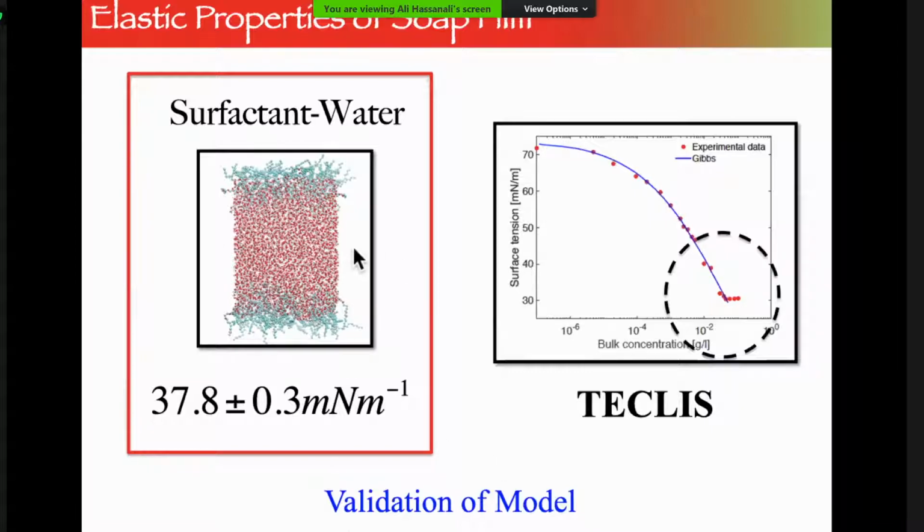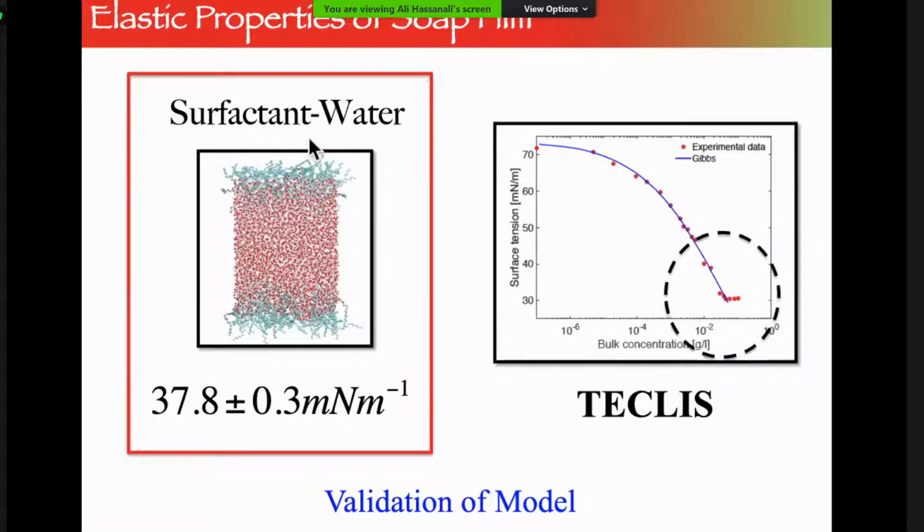The first thing we did to benchmark the elastic properties of the soap film was to compute the surface tension. You take your water, you put in your surfactant, and the surfactant aggregates at the interfaces. Obviously, this will change the surface tension, so the interactions between the water molecules.